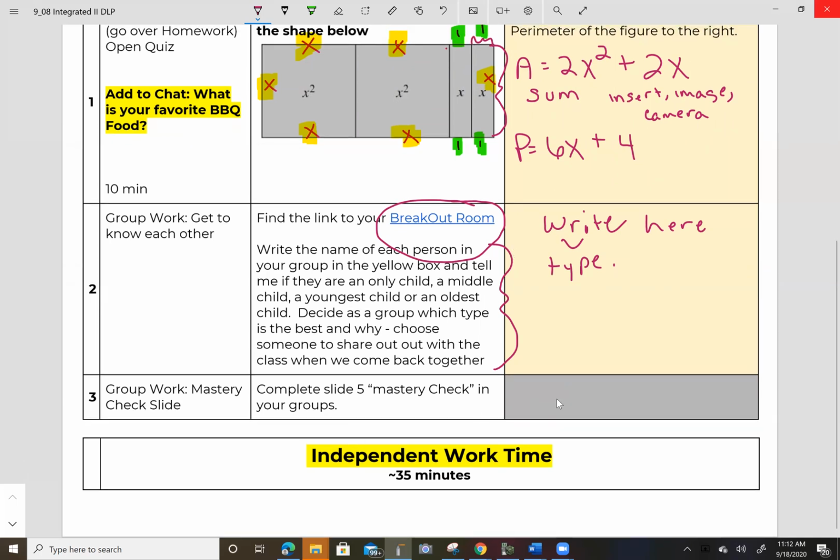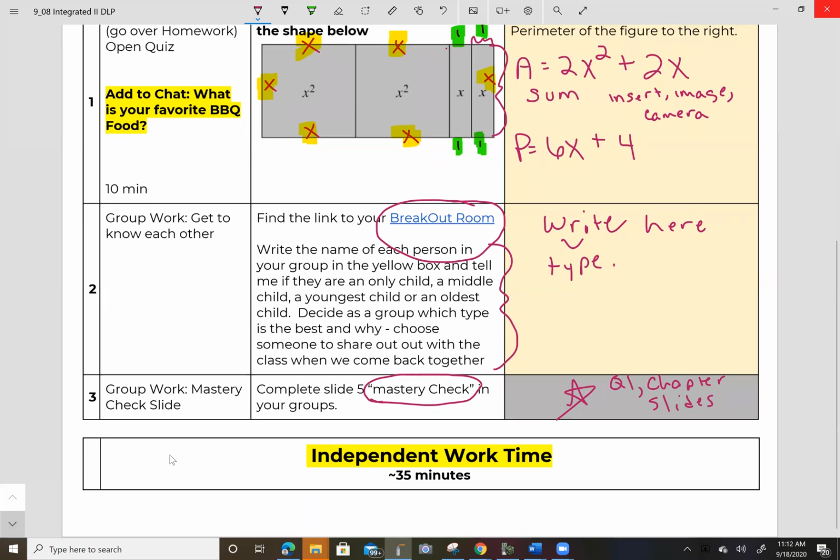And this, you don't have to do anything here, but it was a mastery check in your slides for 1.2, and you can find those in your quarter 1 folder under chapter slides. Okay, quarter 1 folder, chapter slides. You can go in and do that mastery check.